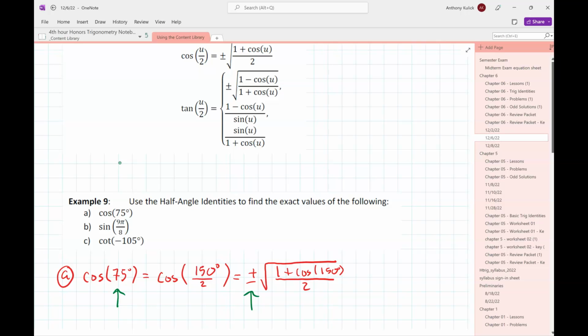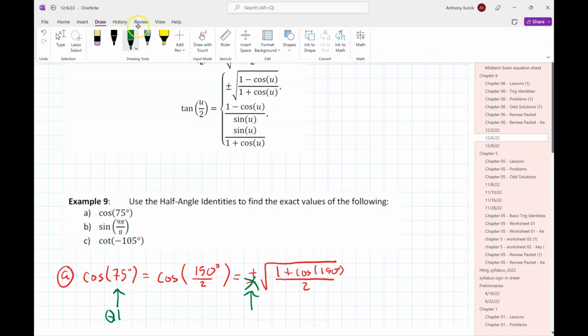Cosine of 75 is in quadrant 1. Cosine should be positive in quadrant 1, so I'm going to drop the minus off the plus or minus. Everybody's good there? Okay, let's continue on now.